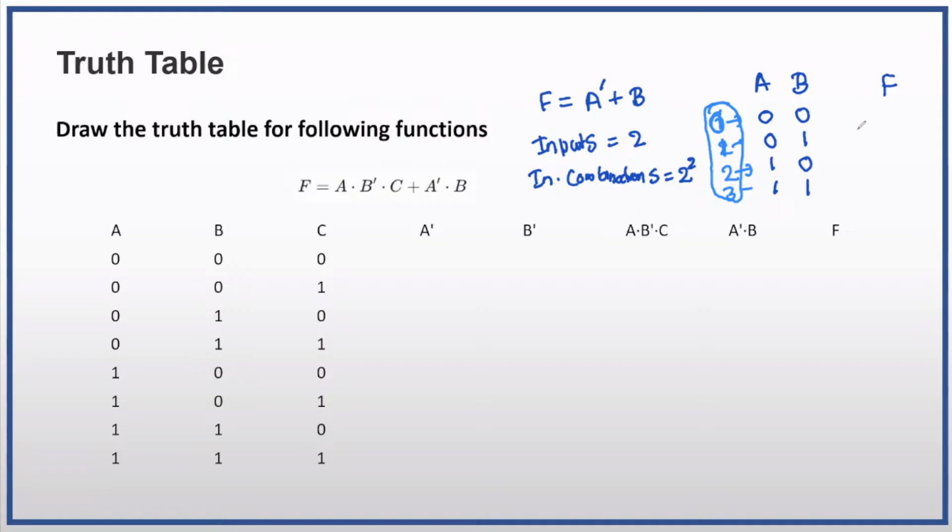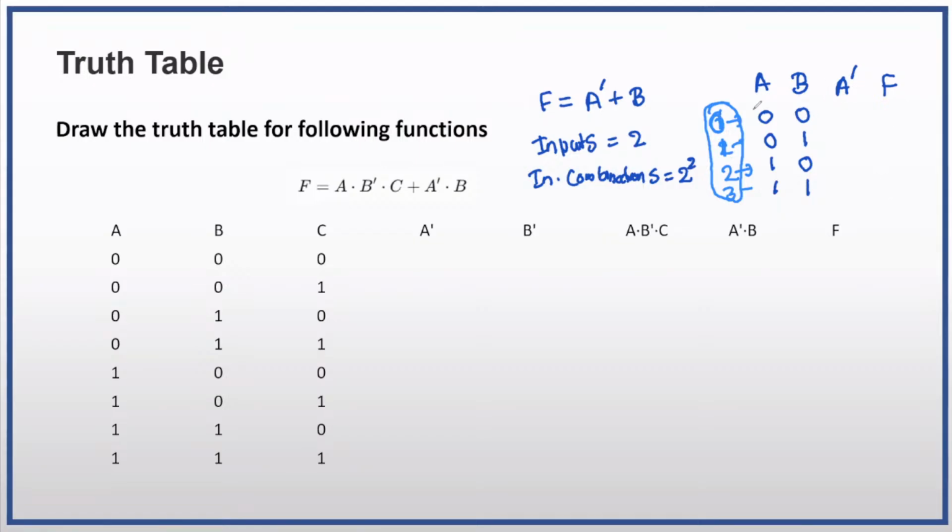Then you just get the answers. Before getting the answers, if you need, you can draw an intermediate step as A dash. It is not necessary. Actually, in the exam, if you get a truth table to fill, you only get the marks for the final result.